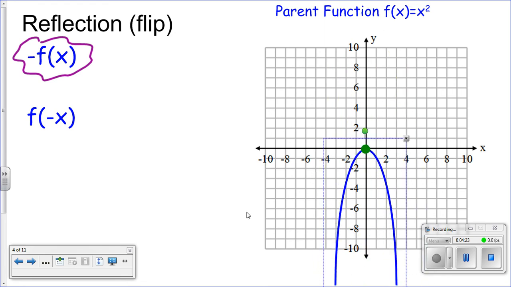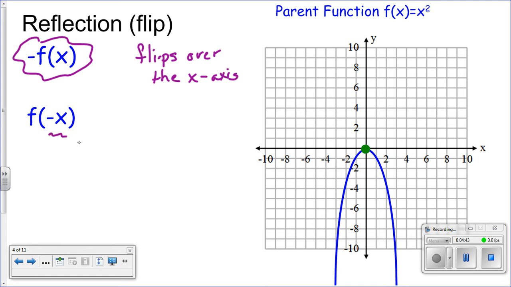So that's what it looks like if you negate all your y values. So that means this reflection flips over the x-axis.